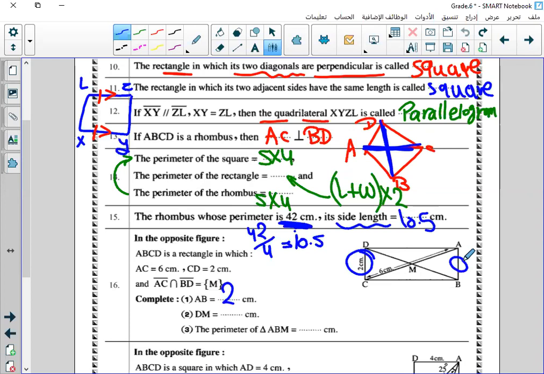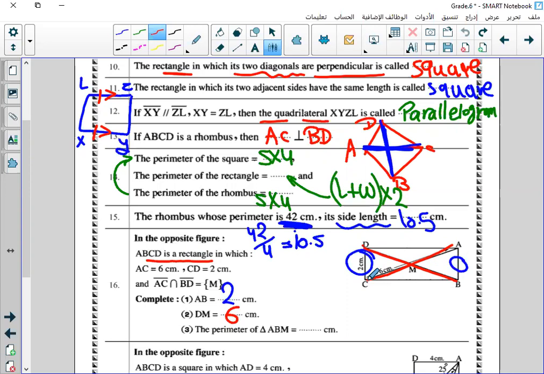DM equals 6. Why? Because ABCD is a rectangle, and in a rectangle the two diagonals are equal in length.